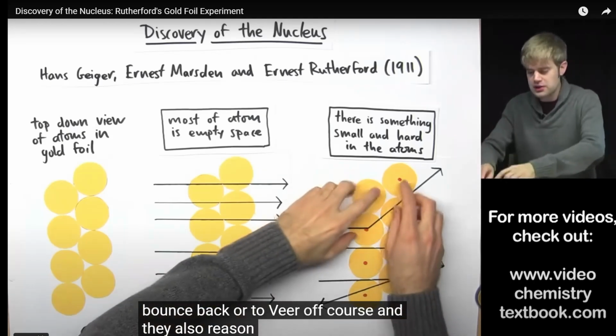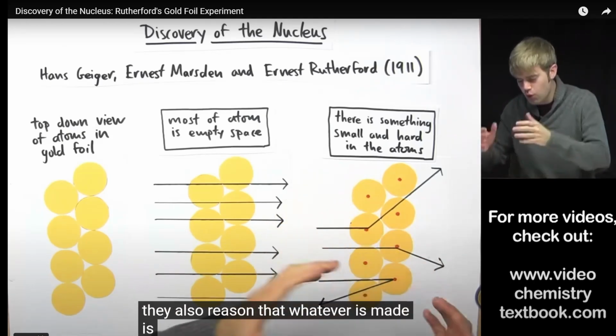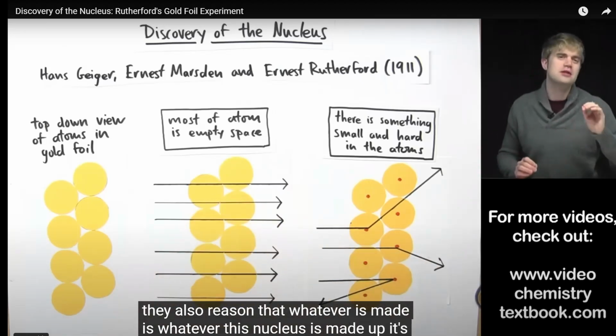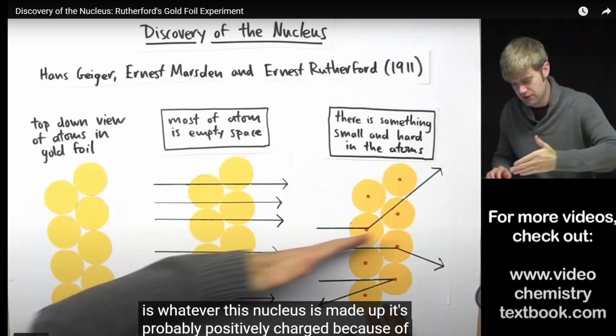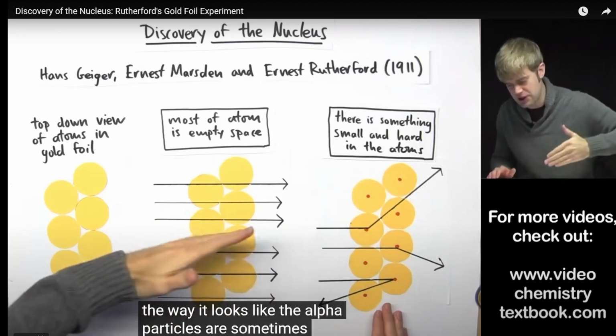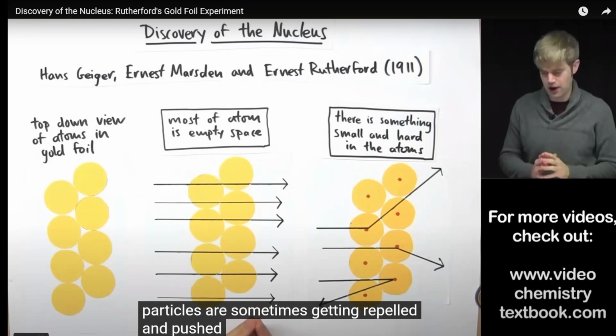And they also reason that whatever this nucleus is made of, it's probably positively charged because of the way it looks like the alpha particles are sometimes getting repelled and pushed away.